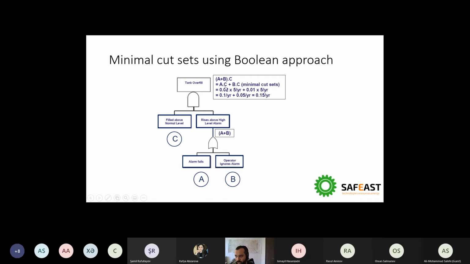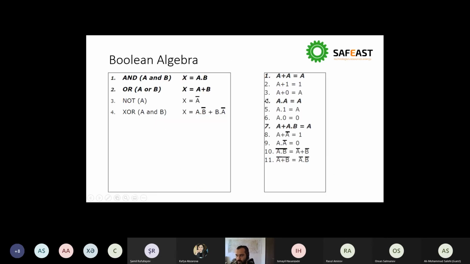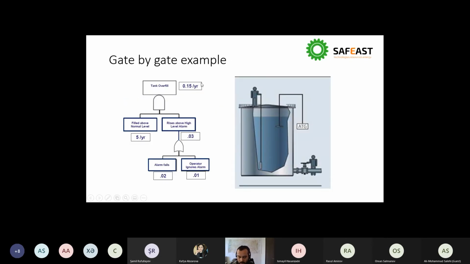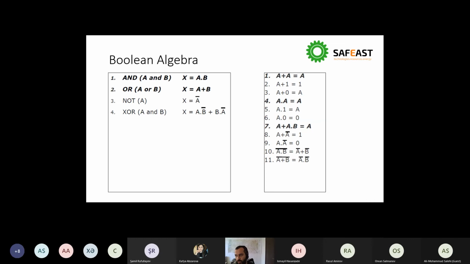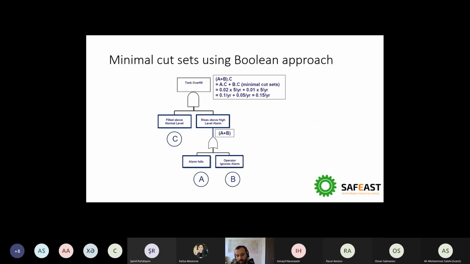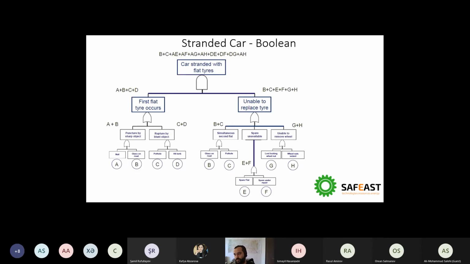And this will be A plus C times B plus C if you open the parenthesis. And then it will be 0.02 times 5 plus 0.01 times 5, and it will be 0.15 per year. So you can see that this is exactly the same as the maths we did. But in a complex fault tree, you will need to use Boolean algebra because you cannot do maths on the whole fault tree analysis.